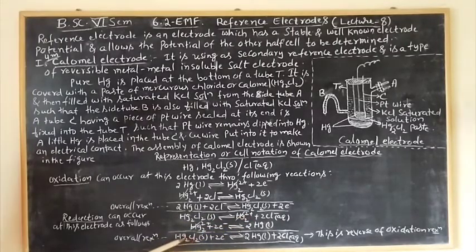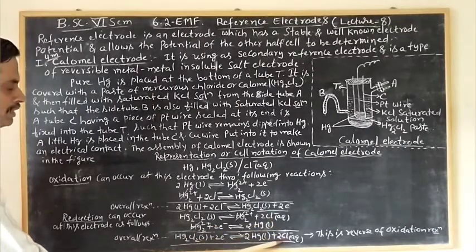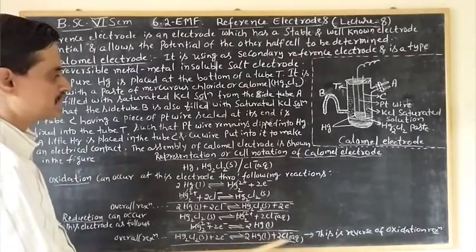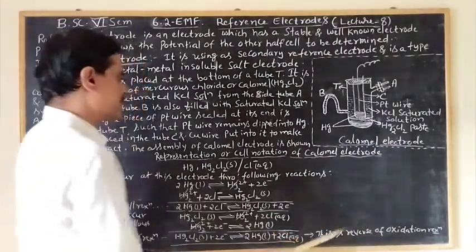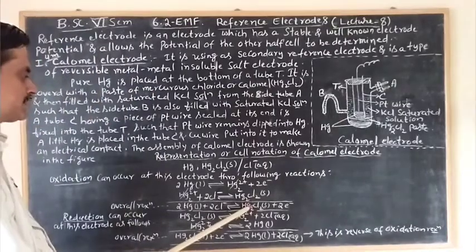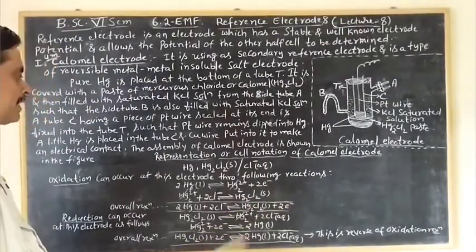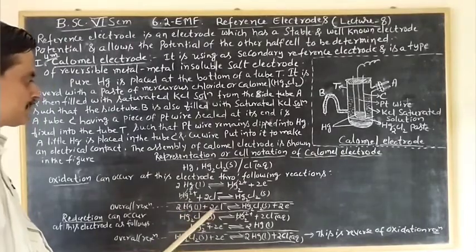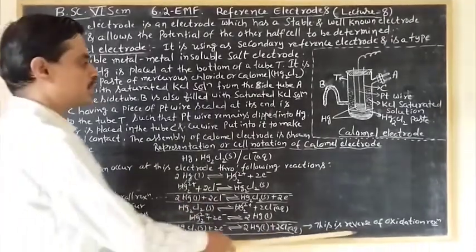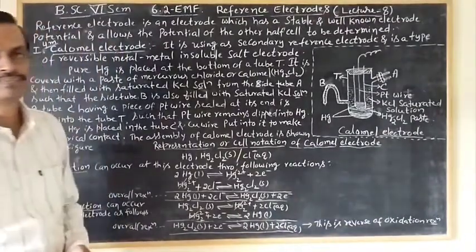So the overall reaction is Hg2Cl2 (solid) plus 2 electrons gives rise to 2Hg (liquid) plus 2Cl⁻. That is, this reaction is the reverse of the oxidation reaction. See, Hg2Cl2 solid plus 2 electrons is here, and you get 2Hg plus 2Cl⁻ on the right hand side. So this is the reverse of the oxidation reaction.